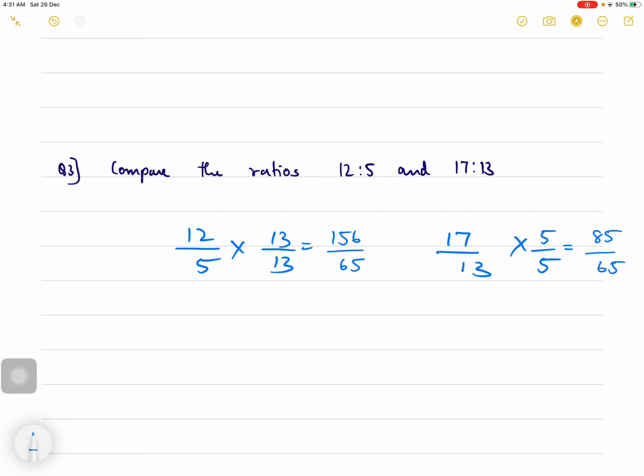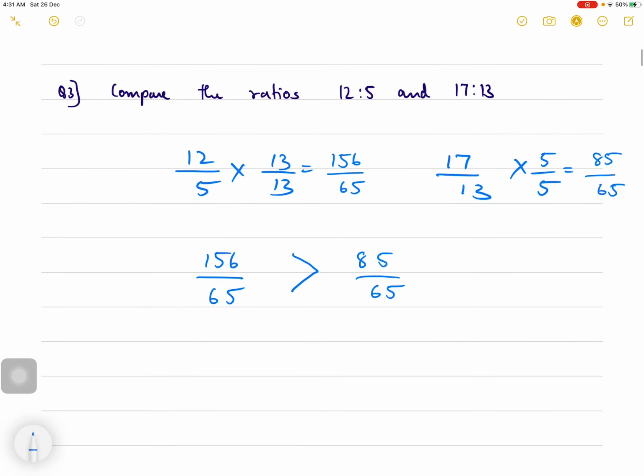So denominators are same, right? So the answers are 156 upon 65 and 85 upon 65. So 156 is greater than 85, right? So you are supposed to compare both the ratios. So therefore the first ratio is greater than the second one.